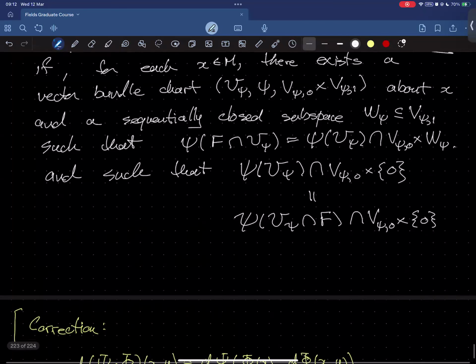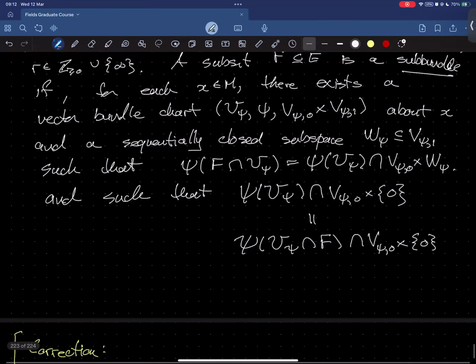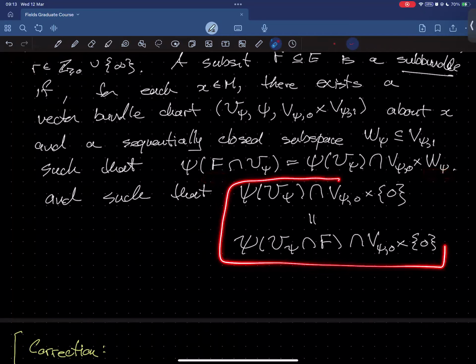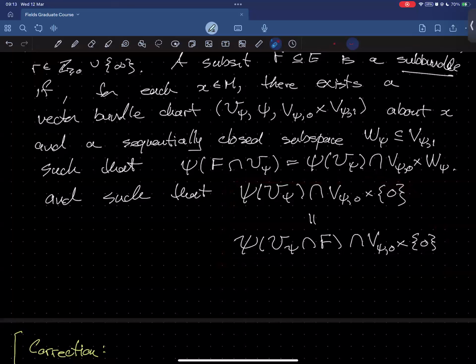Okay. All right, so this part makes sure that the fiber part of F is restricted to this subspace W psi, and then this condition here says that the base points are not restricted. Okay, so the points in the base are going to be represented by points which map to points like this in the chart codomain.